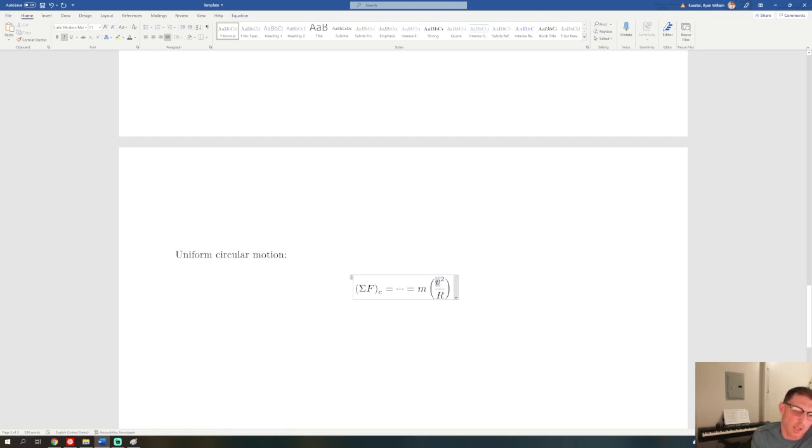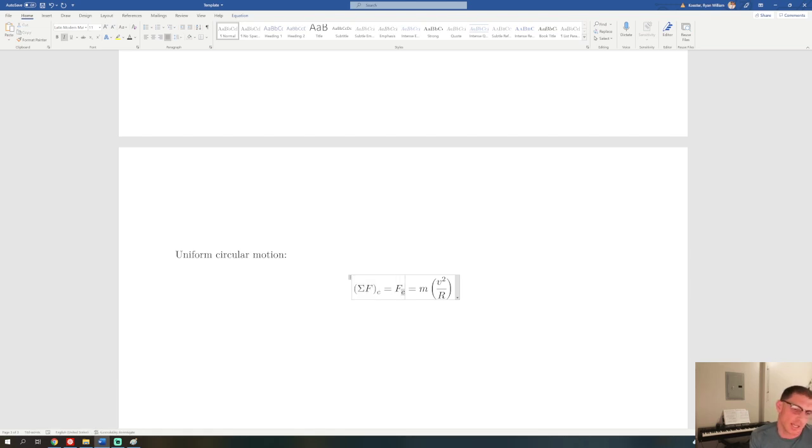Now, what you should never do, when you actually get down to summing your forces, is write something like this: that the centripetal force equals mv squared over r. Do people see what I'm saying here? Because first of all, this isn't meant to be the same thing symbolically as this.